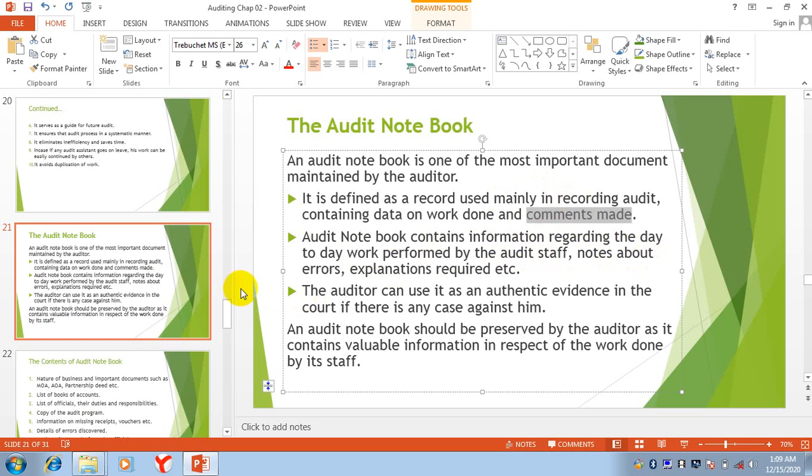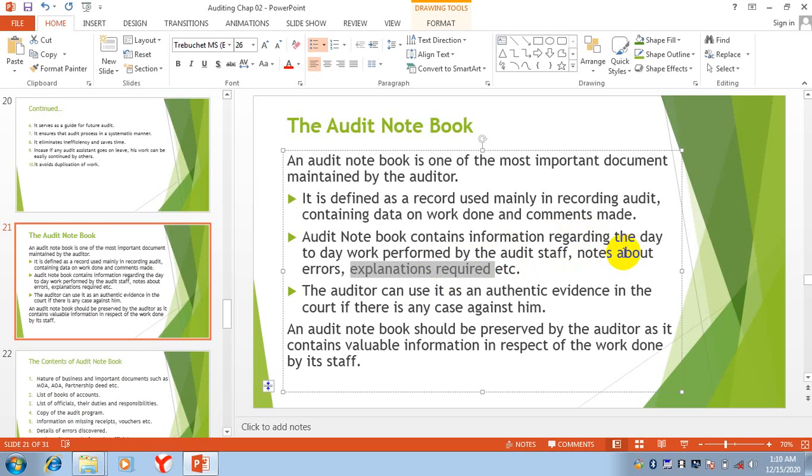Notes about the errors. Whatever errors are found by the audit staff, we record them in the notebook. And explanations are required. When there are some mistakes, some errors, we need explanation from the staff who made this error or who made the fraud.